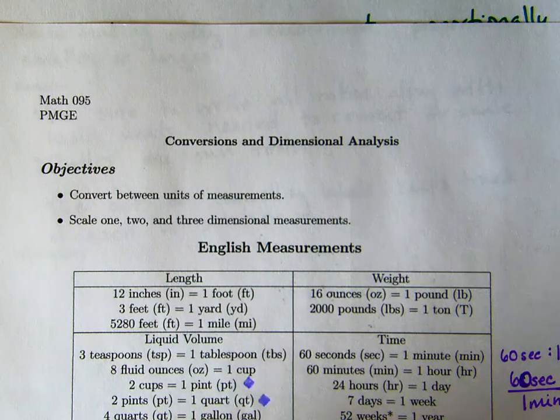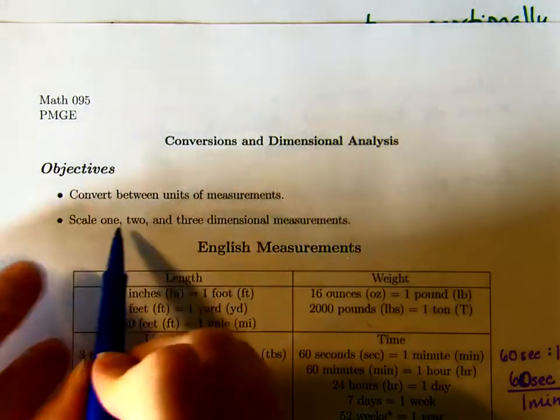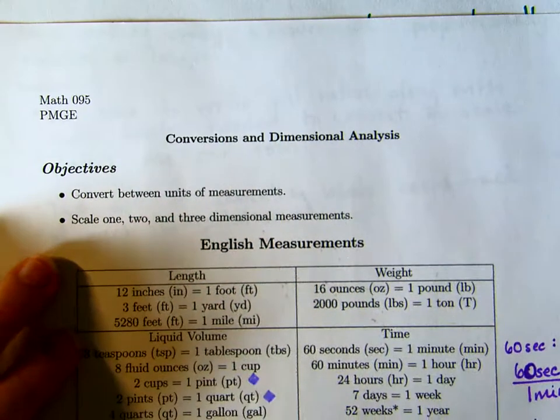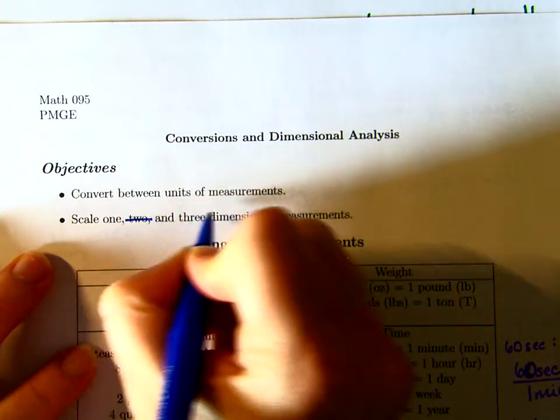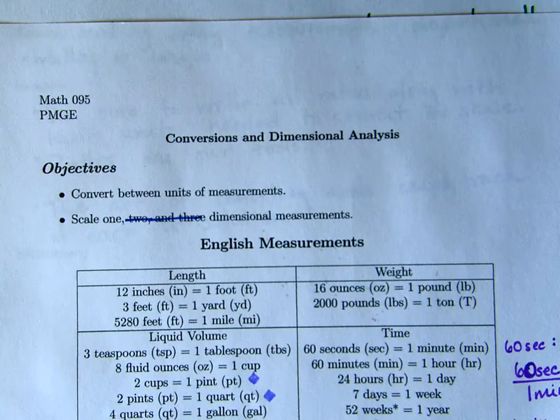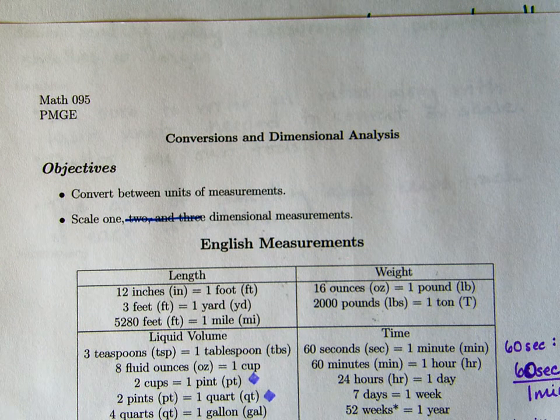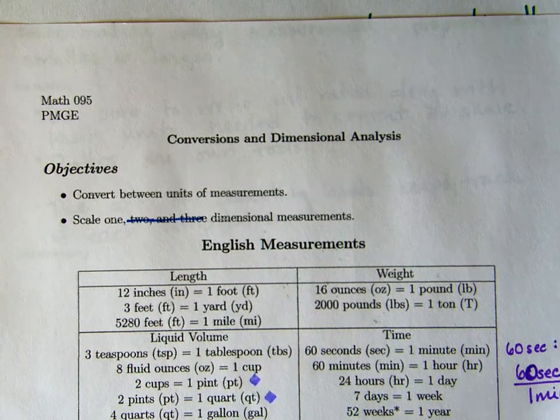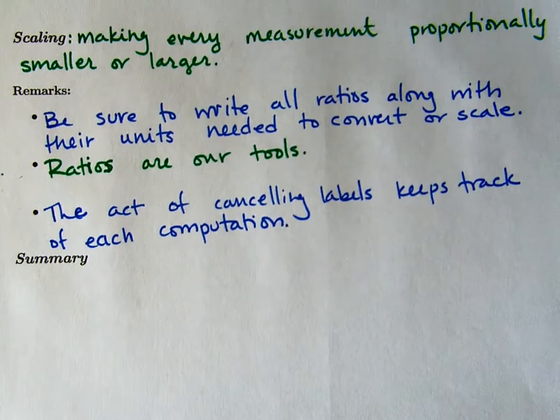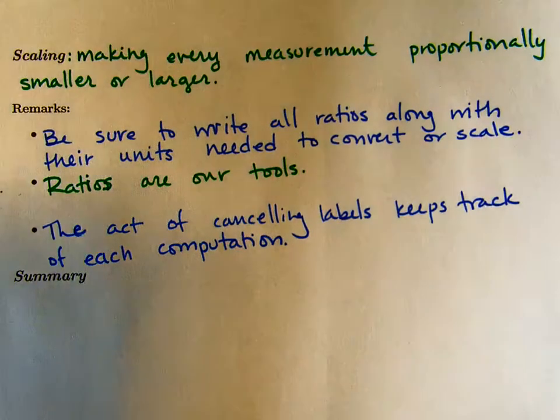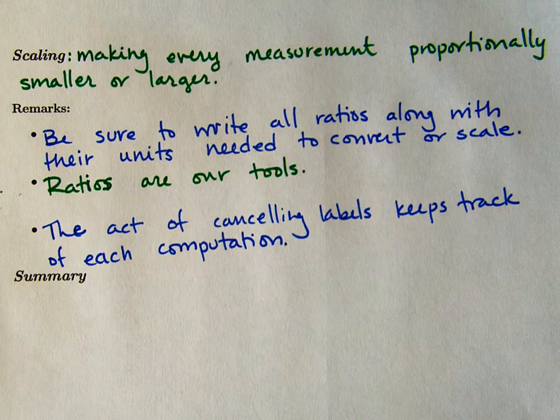So it looks to me like we did a lot of scaling, but really we didn't do that. So we converted and we scaled one-dimensional measurements. And sometimes they were money and sometimes they weren't, but all of these scaling came down to making sure that we were making everything proportionally larger or everything proportionally smaller.